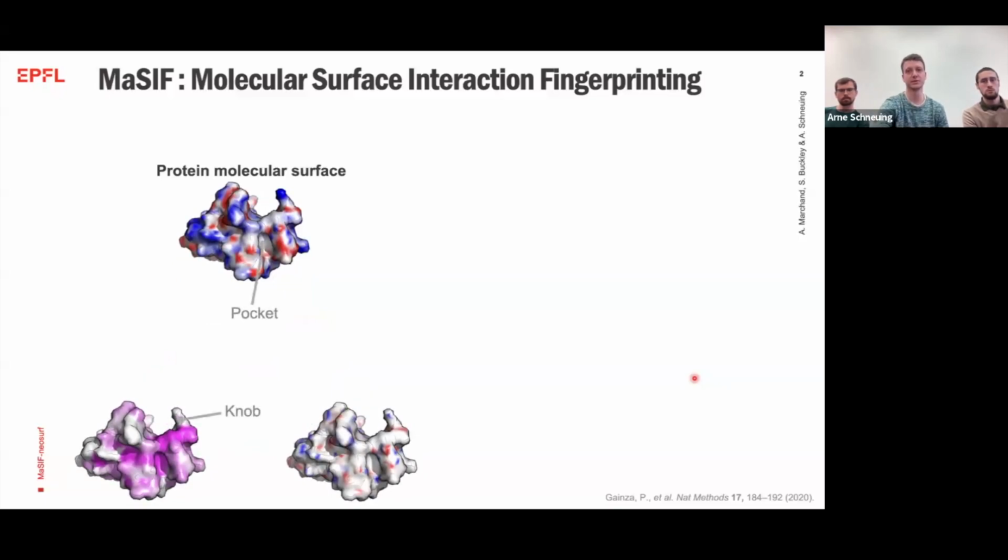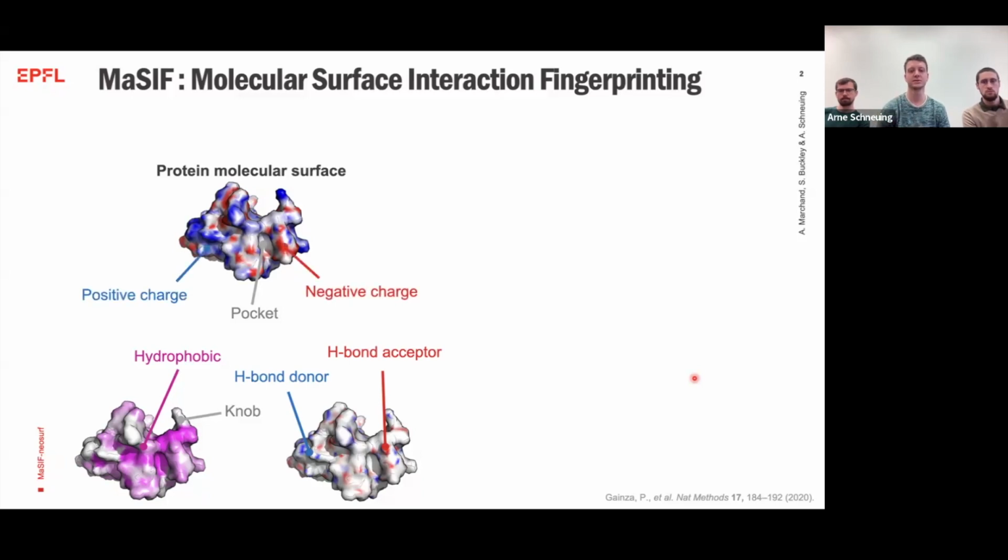So for example, the curvature describes where we can find pockets or knobs on the surface. Then we have something like a hydrophobic index that we can assign to all the mesh vertices. We can find where the potential H-bond donors and acceptors will be, and the electrostatics.